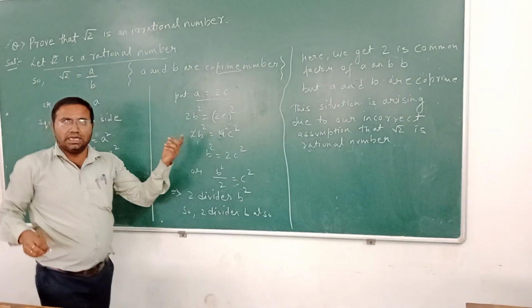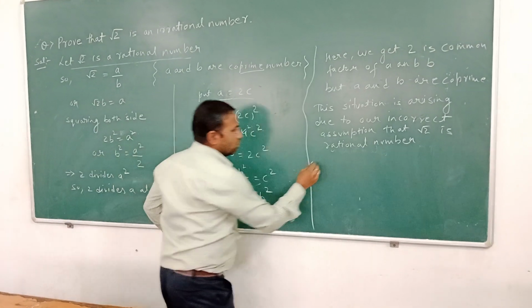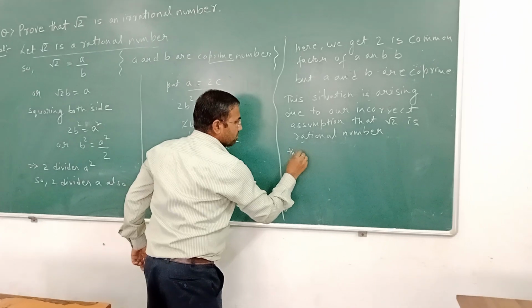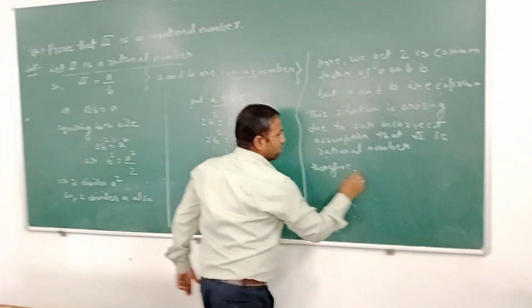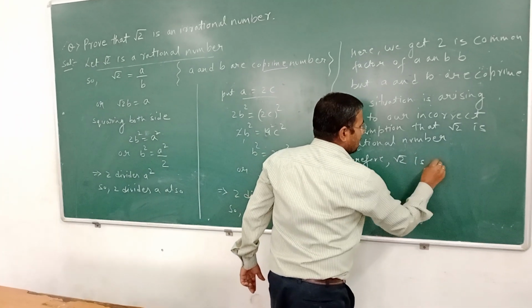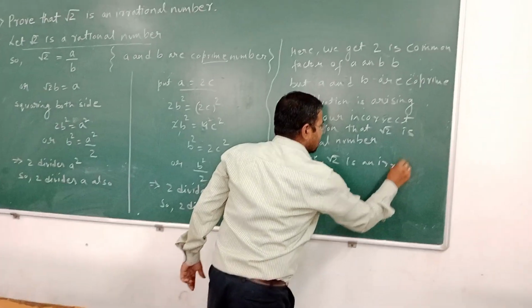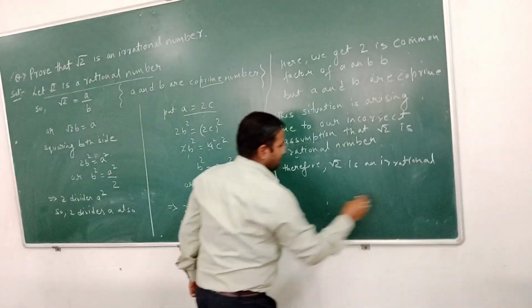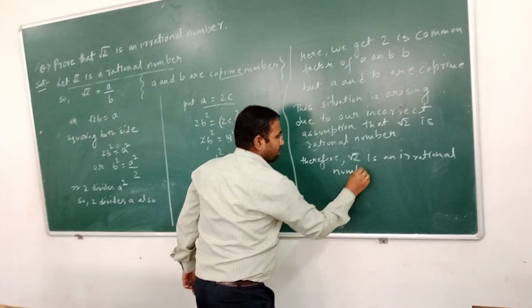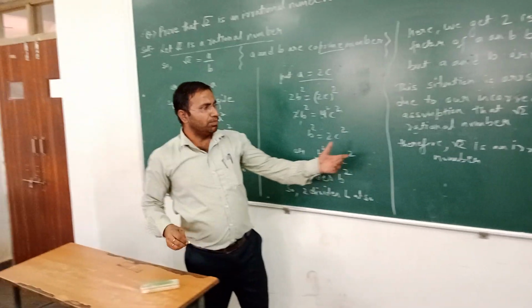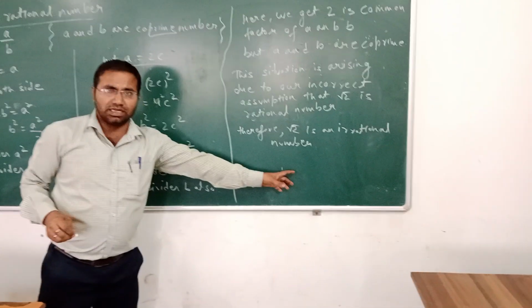Since this assumption is incorrect, therefore root 2 is an irrational number. Okay. So in this way we will prove that root 2 is an irrational number.